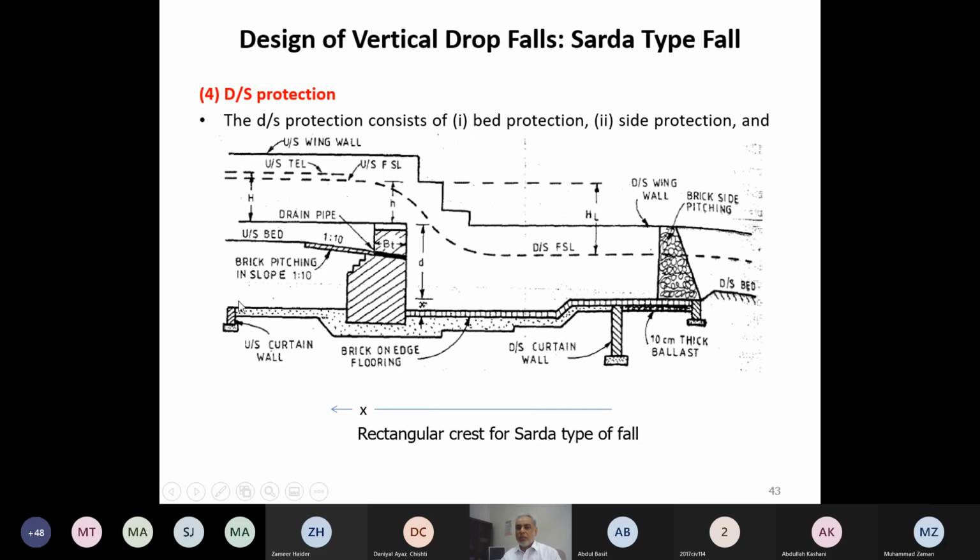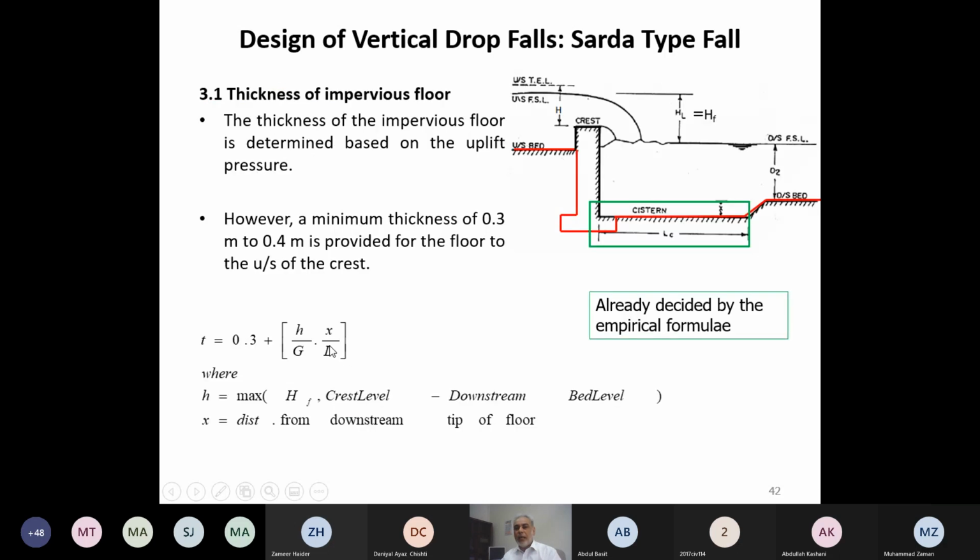So we are providing this as a factor of safety only. So 0.3 to 0.4 meter is provided on the upstream side, and on the downstream side thickness will be calculated at different X values. At 2-3 different X values, this thickness will be calculated to economize the project.